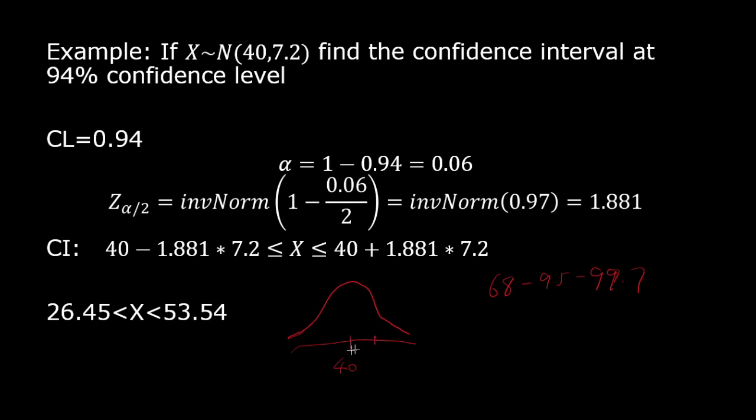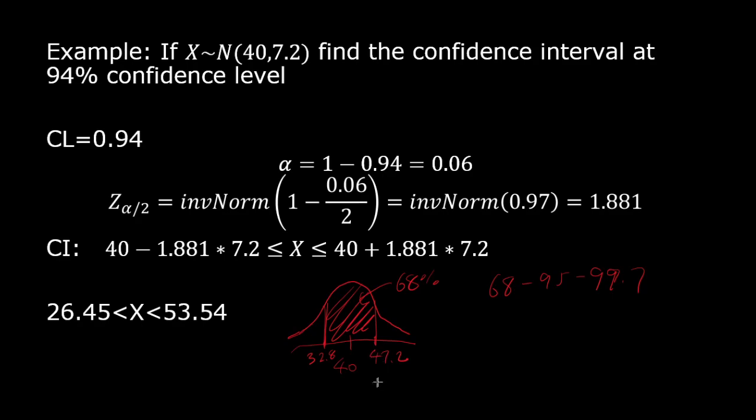Which says if you go one standard deviation above and below, so adding 7.2 to 40, you get 47.2. 40 minus 7.2 would be 32.8. And for these two numbers, if you look at this shaded area, this will be 68%, because that's just one standard deviation above and below, right?